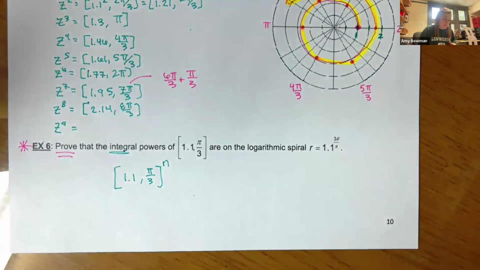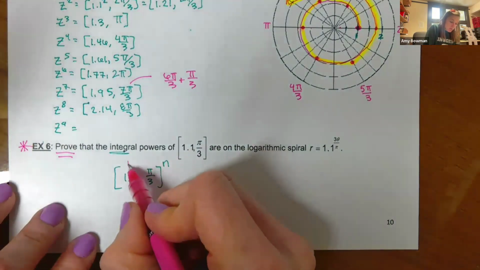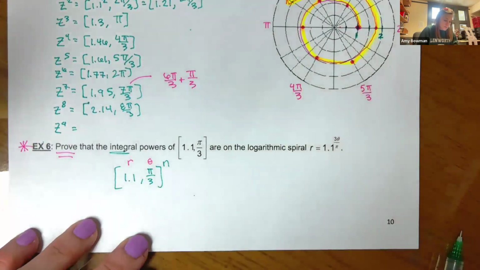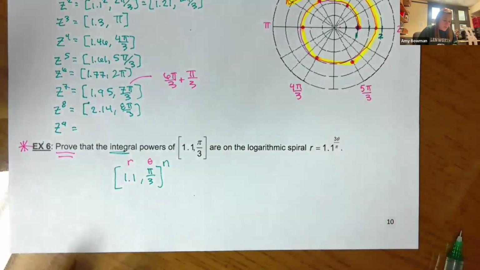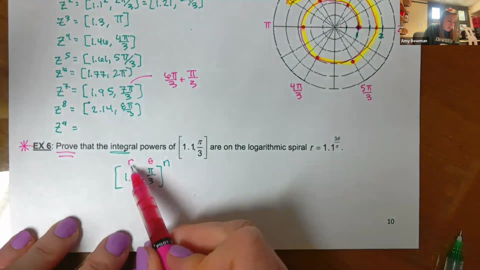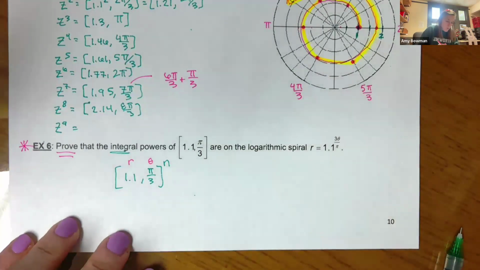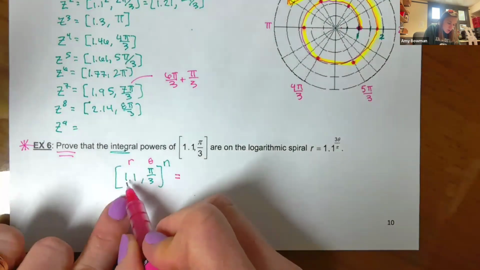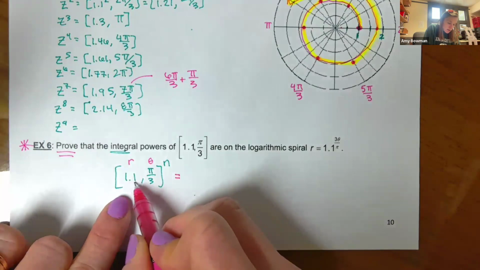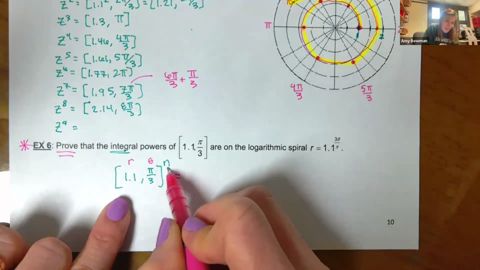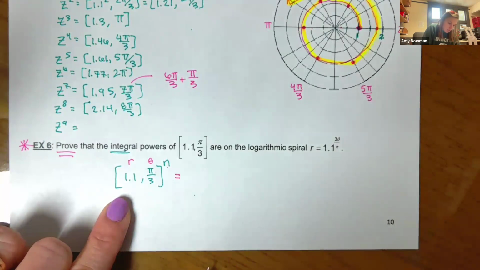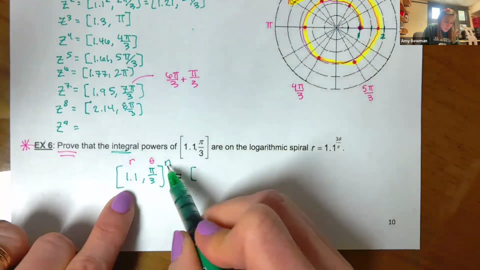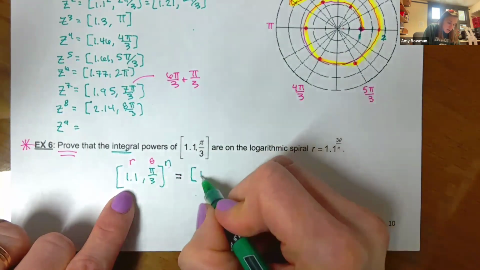To do that, this is our R value, 1.1. And this is our theta value. So already we have R equals 1.1, but I'm going to rewrite this. So we know that when we are taking 1.1 comma pi thirds to the n, let's keep green for now, we know that the result of that is we're going to be raising 1.1 to the n.